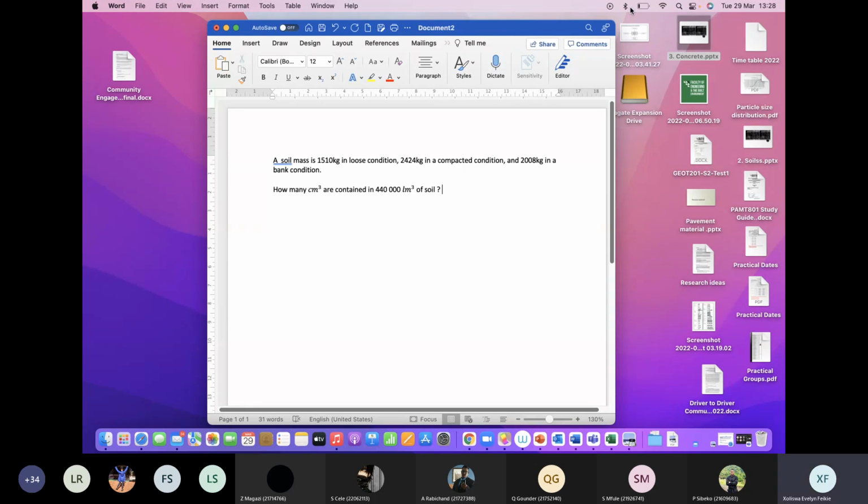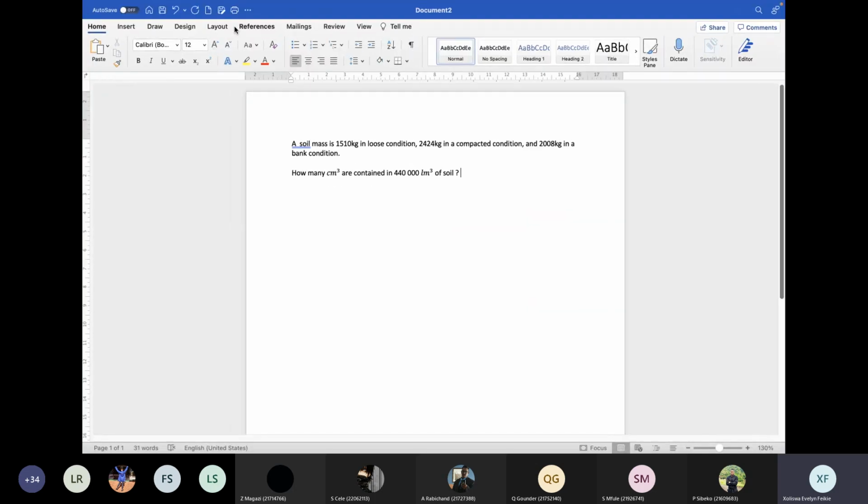If there's anyone who does not understand, just go back to your book and do exactly what he said. You need to determine the load factor and the shrinkage factor, and apply that to get the compacted volume. If you still don't understand, it's there in your book. You will adopt the same method. This one is an easy question.